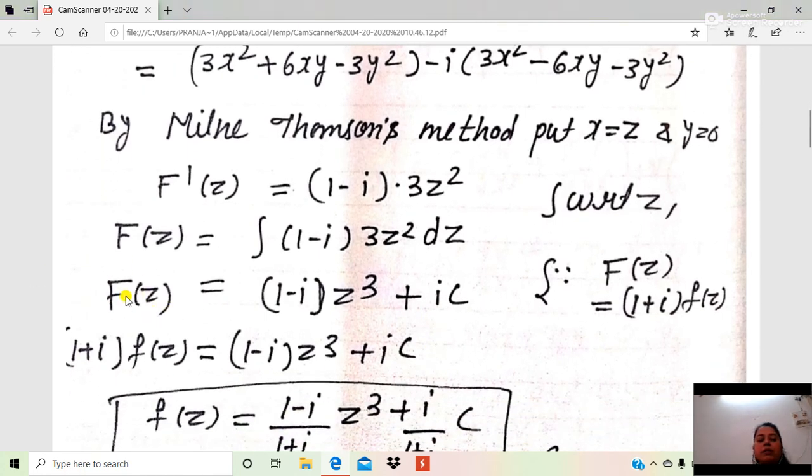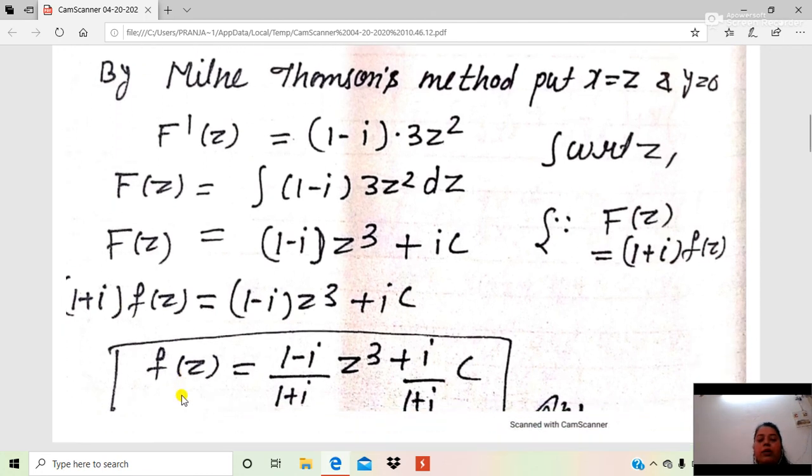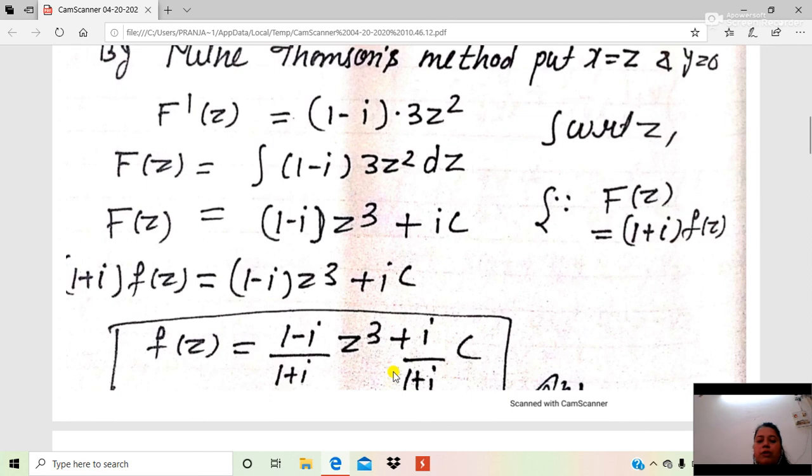Since capital F(z) is equal to (1 plus i) into small f(z), we can write (1 plus i) f(z) is equal to (1 minus i) z cube plus iC. Therefore, dividing both sides by 1 plus i, we get the value of our function f(z), which is equal to (1 minus i) upon (1 plus i) into z cube plus i upon (1 plus i) into C. If you wish, you can rationalize it, otherwise it is okay.